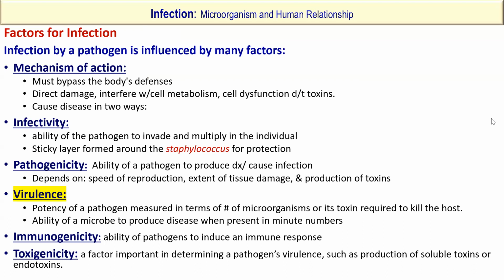Now the mechanism of action. A pathogen causes disease in two ways, either through invasiveness or production of toxins. Through invasiveness, it divides rapidly to overcome and cause direct damage to the cells and tissues. Through production of toxins, even very small amounts disrupt normal cellular function.